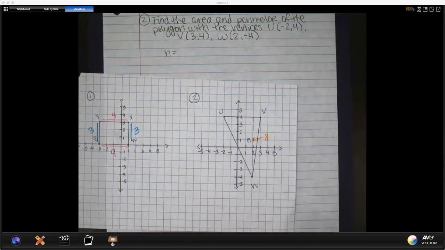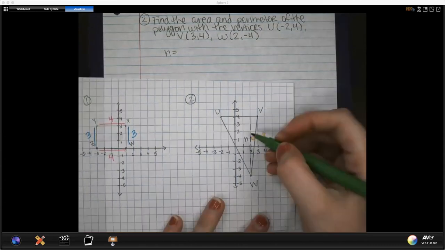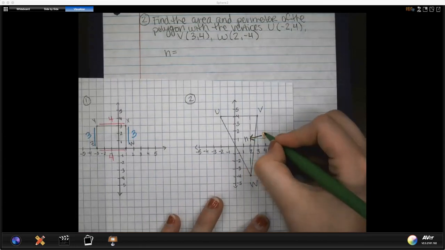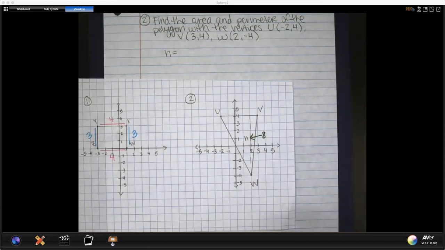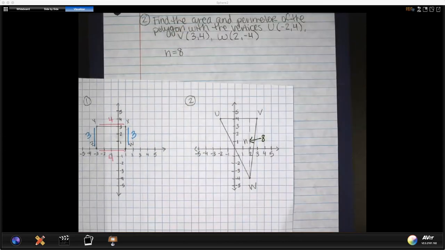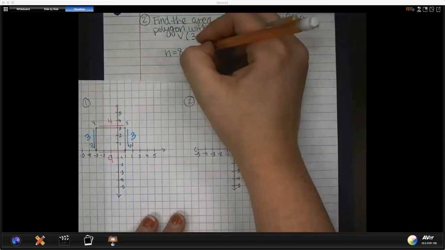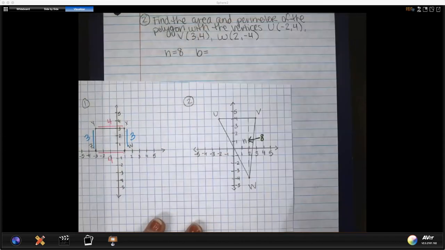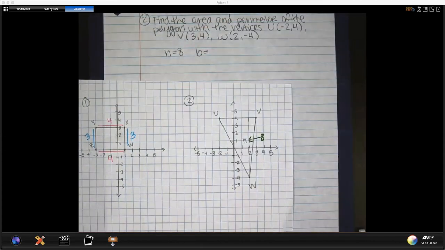Yellow is a little hard to see. Let me change it to green. Okay, what about my base? Now my base is going to be nice because it's straight across. My base is going to be 5, good.